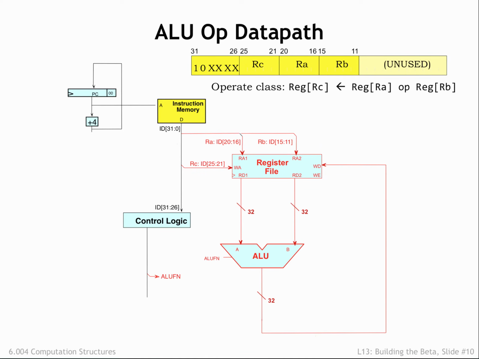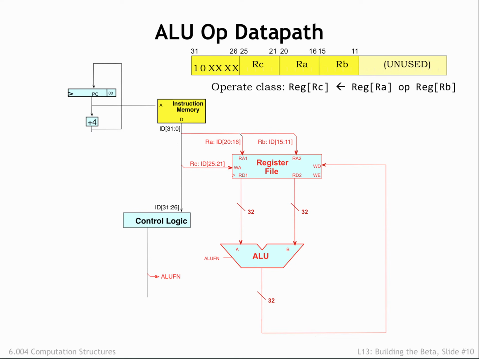The outputs of the read data ports are routed to the inputs of the ALU to serve as the two operands. The ALU FN control signals tell the ALU what operation to perform. These control signals are determined by the control logic from the 6-bit opcode field. For specificity, let's assume that the control logic is implemented using a read-only memory, where the opcode bits are used as the ROM's address, and the ROM's outputs are the control signals.